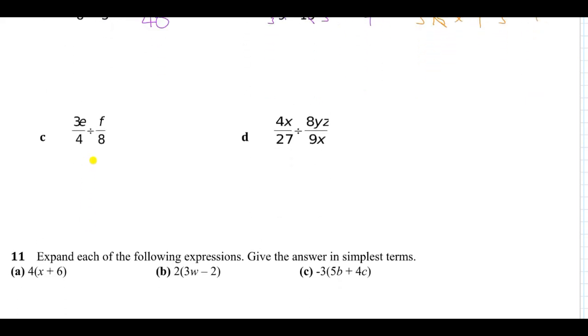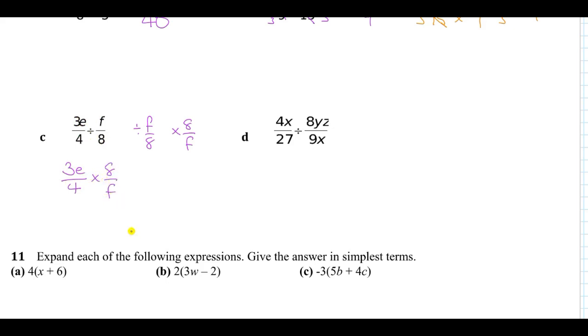When we divide fractions, don't forget there is that little trick. So divided by f over 8 can turn into multiply 8 over f. I'm only flipping one of them, I'm not changing the first one. So I get the same answer if I do 3e over 4 times 8 over f.